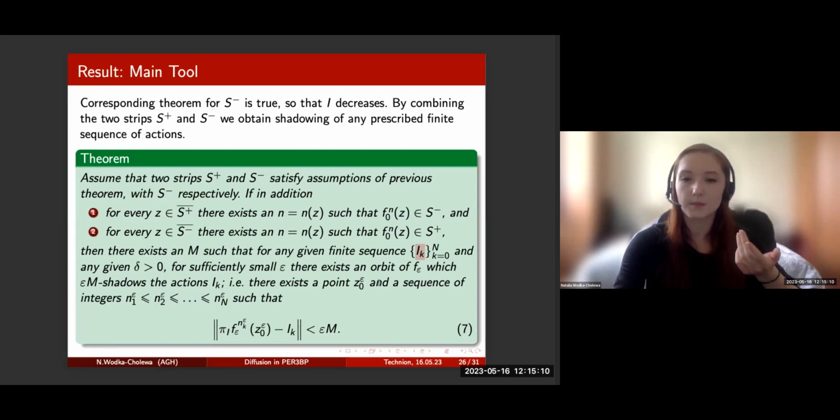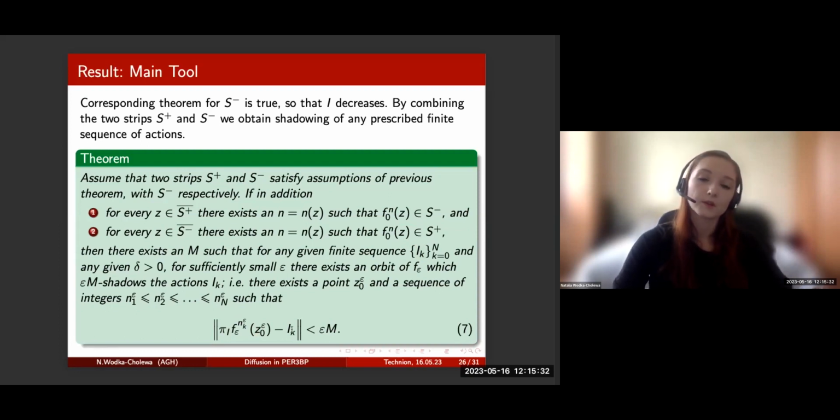So there exists a point and a sequence of integers, which will be iterates, such that the point z will be iterated into the place where the energy level is the same as in the given sequence. So you can shadow the energy levels.